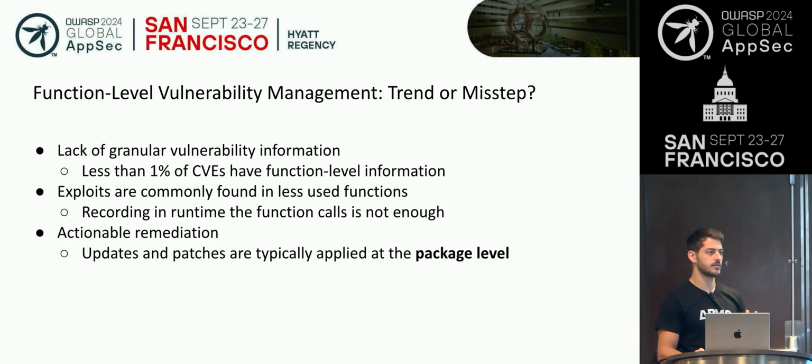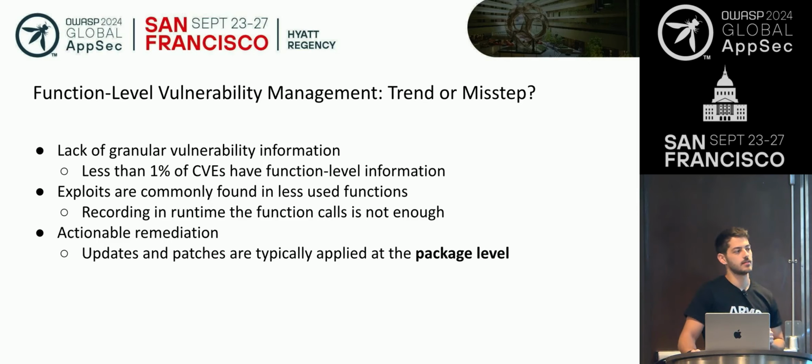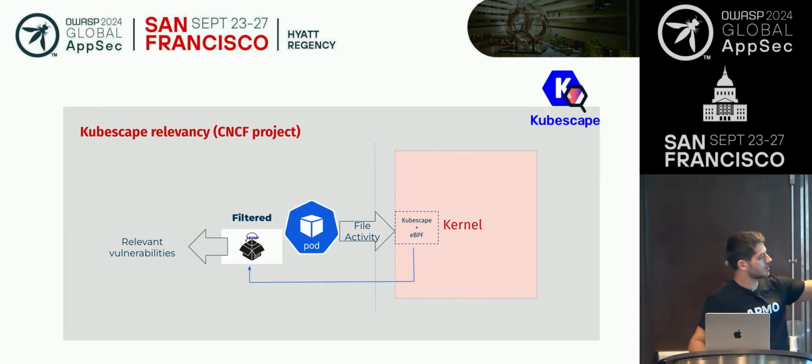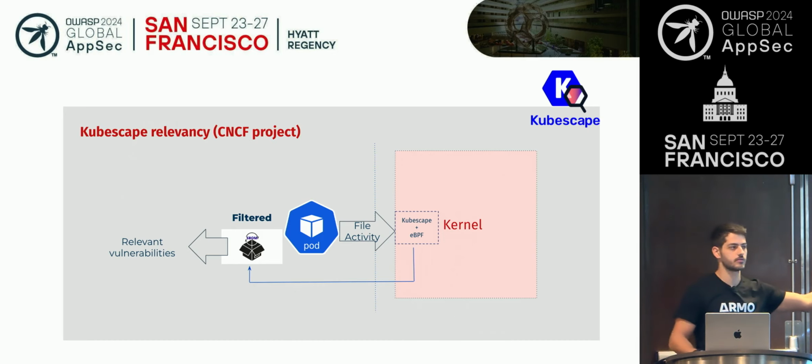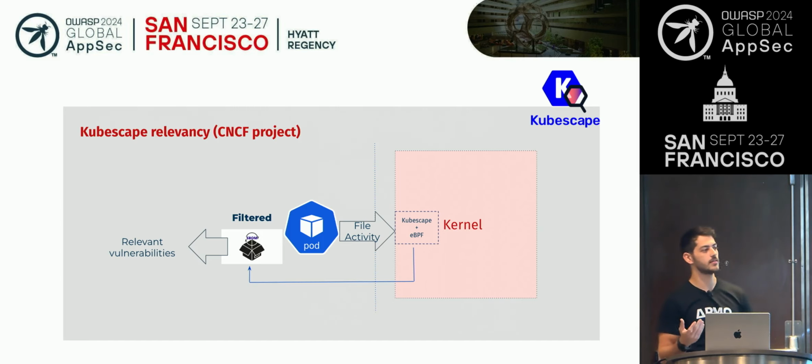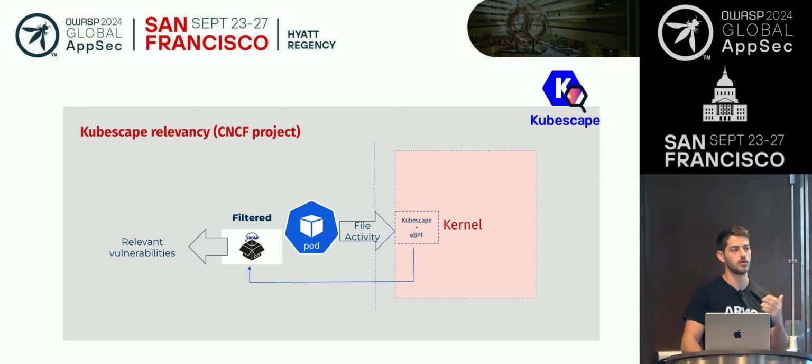But the second problem, which is, I think, the main problem of this idea, is that if you take the way we can do it with eBPF or any other recording tool, mostly those tools that are doing things like relevant vulnerabilities, like we do in Kubescape, the way it works is that when the container starts, we record it for a couple of minutes, because then we can see all the activity that happens at the start, because most of the activity happens when the container starts.